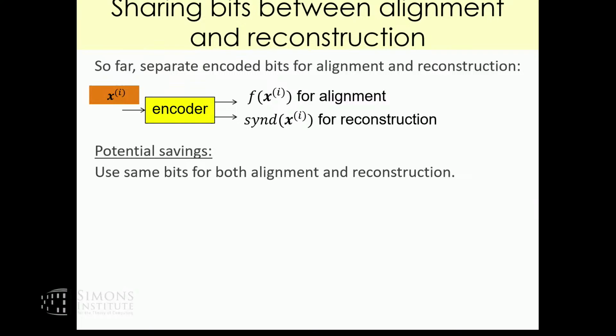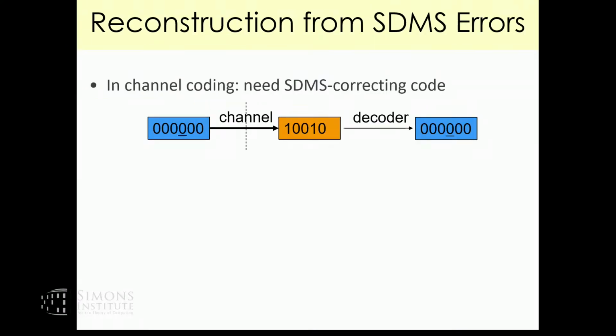We'll see how to do it shortly. But let's look first at the channel coding problem of correcting SDMS. So we have the input, then we delete this bit, underline bit, and add a bunch of substitutions. And now we need a code and decoder to get us back to the original input.